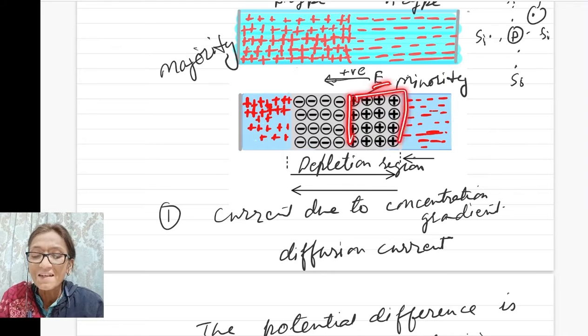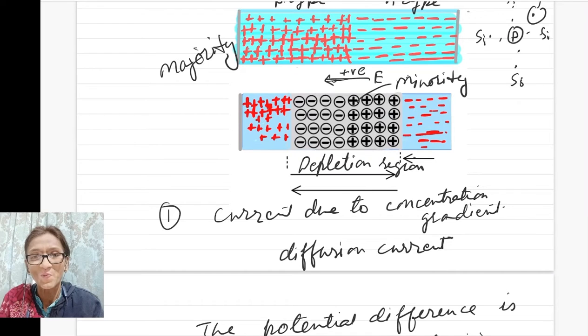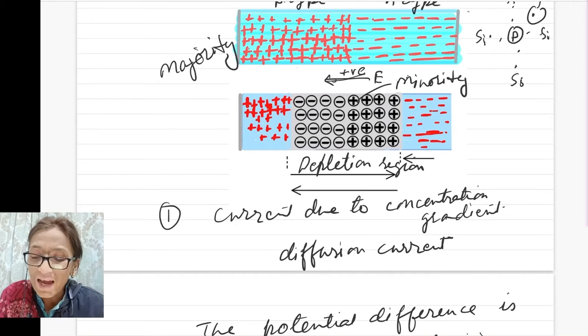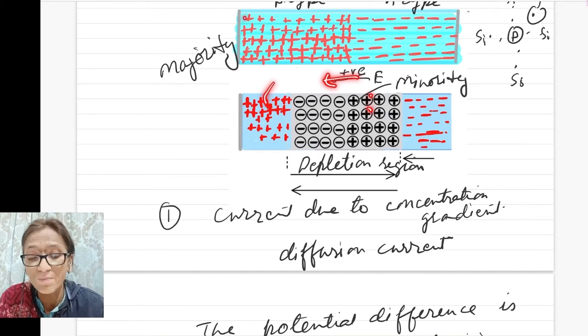An electric field is created. One is the positive side, another is the negative side, and a potential difference is created of some magnitude. Now due to the potential difference, only positive charges can move from this side to this one, not from majority to minority.